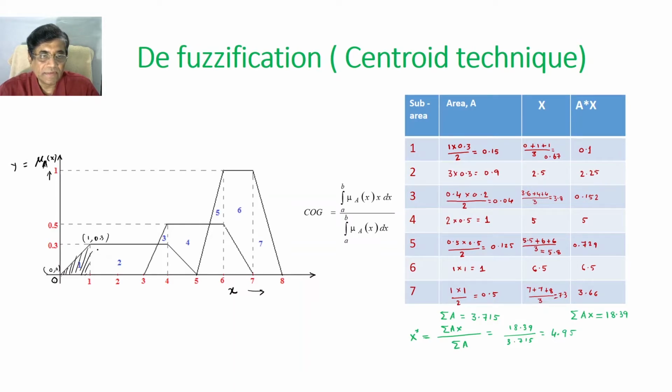Similarly, you can figure out the equation of this line, and by evaluating this definite integral, you can calculate the area under this curve. This way you can do. And this is the more general way, because here it is a triangle and trapezoid. If it is bell-shaped or Gauss-shaped, then this is the process you should follow.